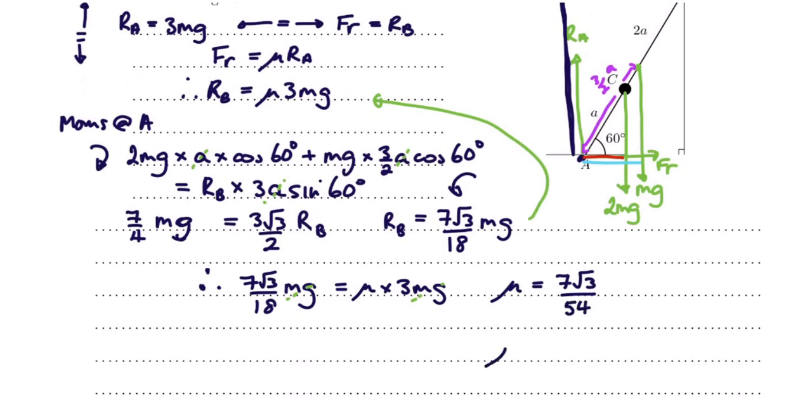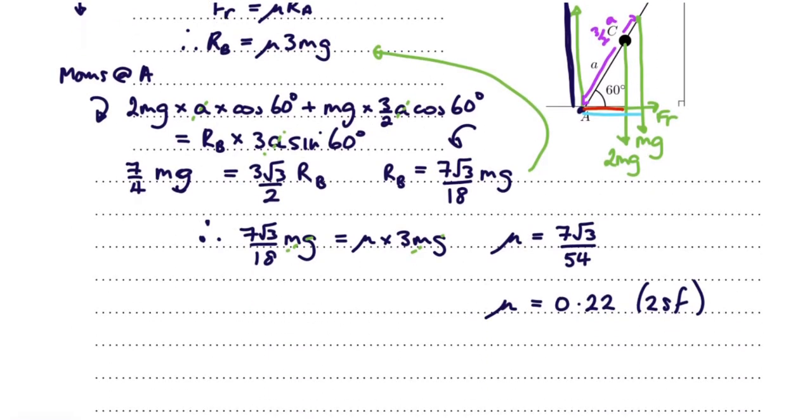If you put that in your calculator, you get 0.22, and that's to two significant figures. So you can see a lot of this is getting very samey.